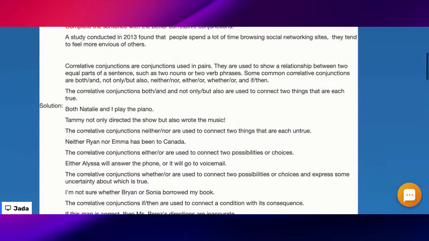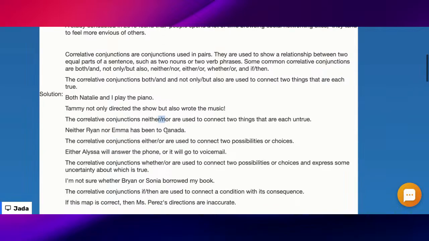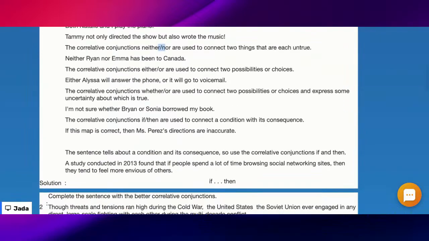So I hope that you all remember the connection. If we have both and, or not only but also, we connect things that are true. Neither nor connects things that are untrue. Either or connects two possibilities or choices.